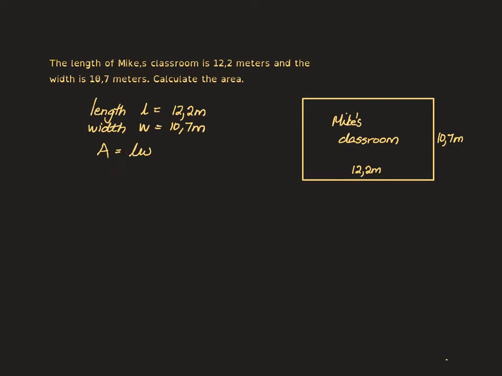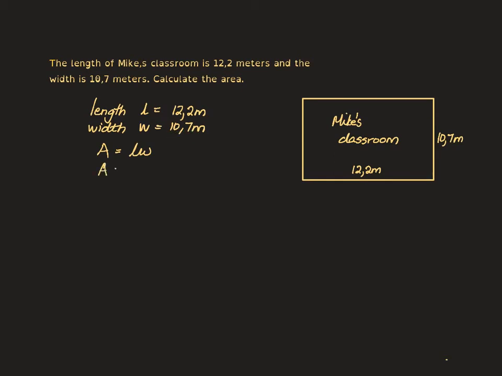Now remember, substitute means 12.2 takes the place of L. You know, when soccer players are substituted, one goes off and the other comes on. Well, L is going to go off and 12.2 is going to come on. The same thing happens with W. We are going to substitute 10.7 for W. So W will go off and 10.7 will come on.